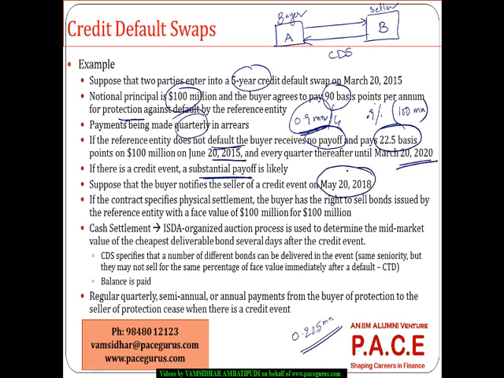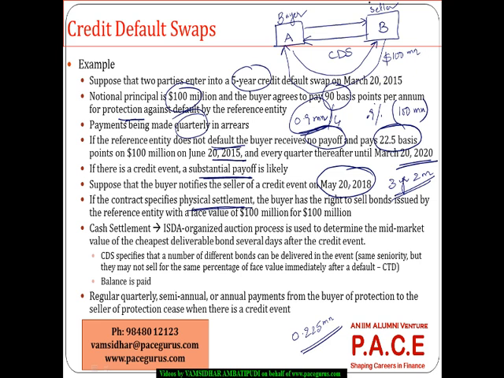Let's assume that after 3 years and 2 months, the credit event has occurred. Now I need to see within that contract whether it's a physical settlement or a cash settlement. If it is a physical settlement, A has the right to sell all the bonds to B, and B has to pay the face value, which is $100 million, to A outright.